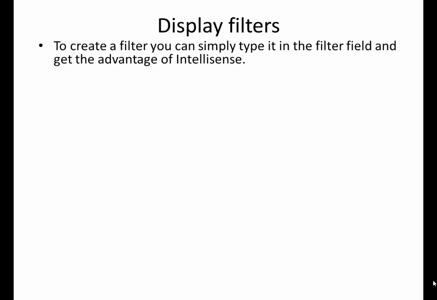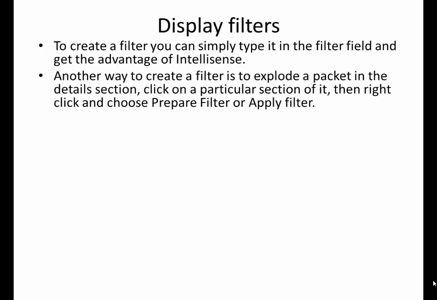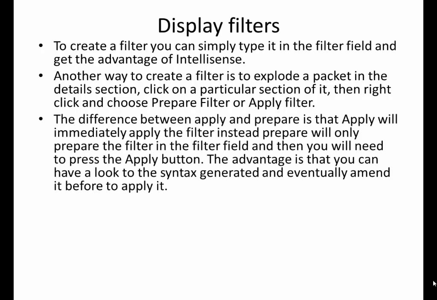To create a display filter, you can simply type in the filter field and get the advantage of the IntelliSense. Another way to create a filter is to expand a packet in the detail section, click on a particular section and then right-click and choose prepare filter or apply filter.